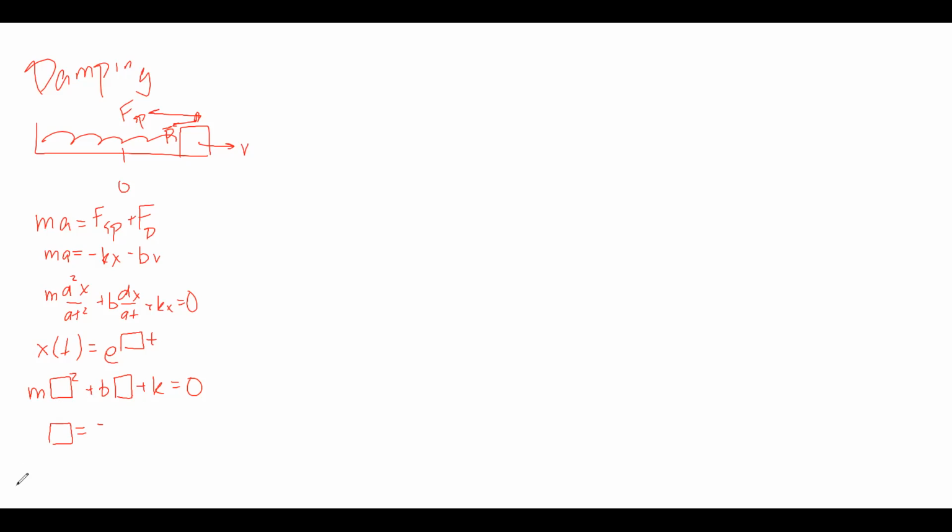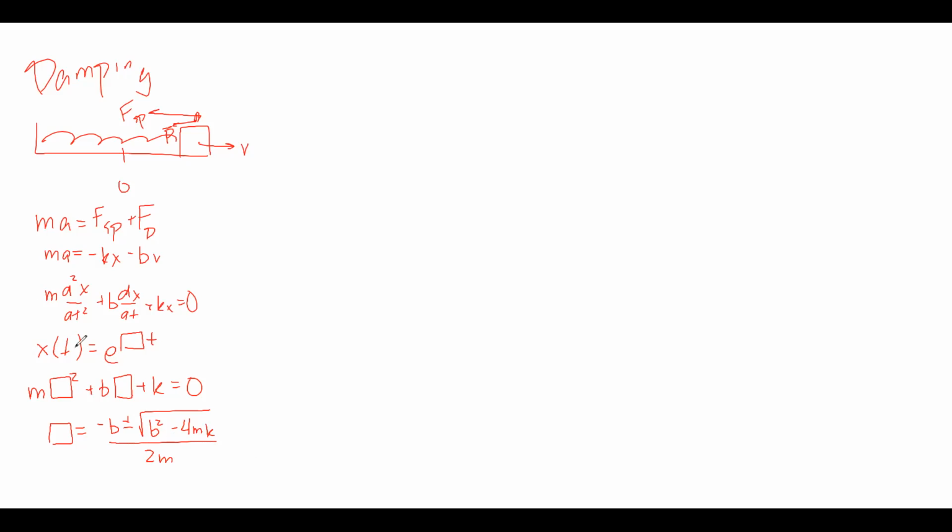The m is like the A, b is like the B, and k is like the C. So it'd be negative b plus or minus the square root of the discriminant, b squared minus 4 times A, which in this case is mass, times C, which in this case is k, all divided by 2A, so 2 times m.